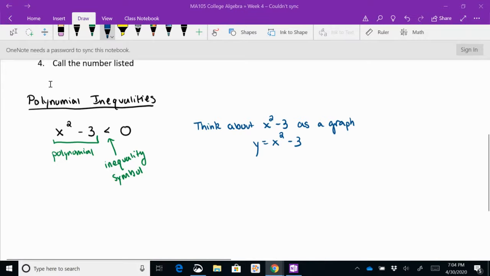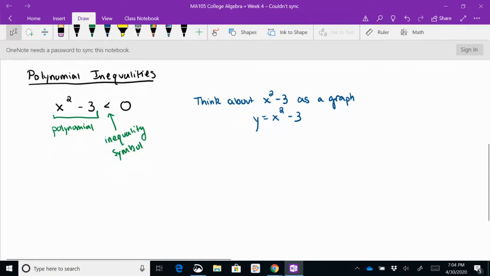So I'm going to graph this by hand. I'm going to sketch what this will look like. And you can graph this on Desmos. Basically, if you graph this, it's going to look something like this. So that is x squared minus 3 if we graph it.